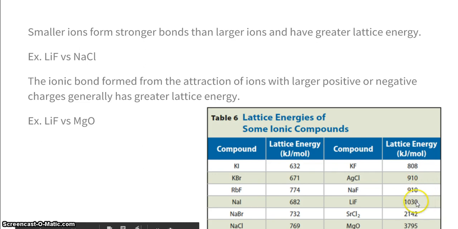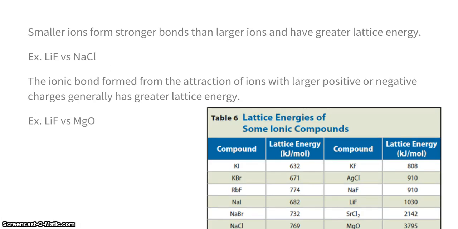So that means the lithium and the fluoride ions are more strongly attracted to each other than, I was looking at sodium chloride over here, 769. So lithium fluoride and sodium chloride compare to each other based on the size of their ions.